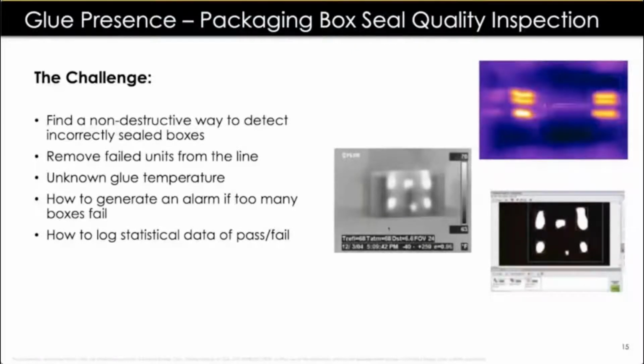So we were able to go out and look at the blob sizes. We were able to, one, detect presence. Do we have glue there? Yes or no? Check. Okay, if the glue is there, do we have the right blob size? Do we have the number of pixels needed in this particular area to say that we have enough glue to hold that flap of the box down? Check.